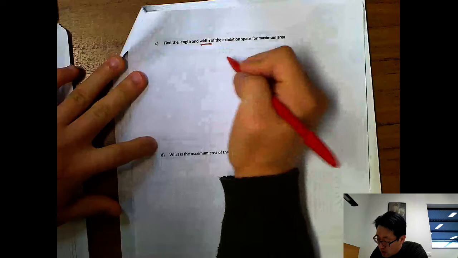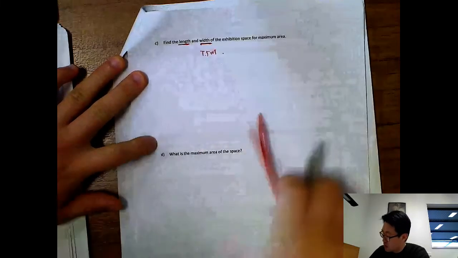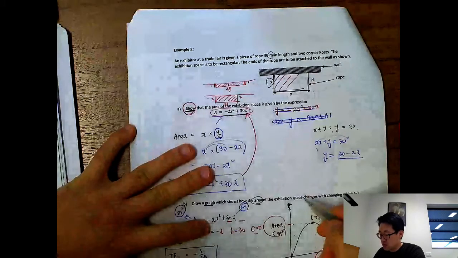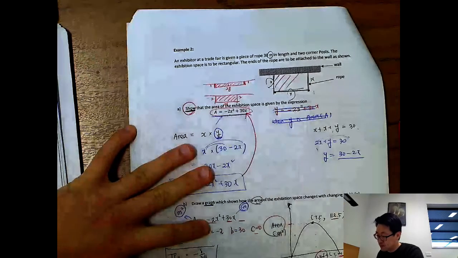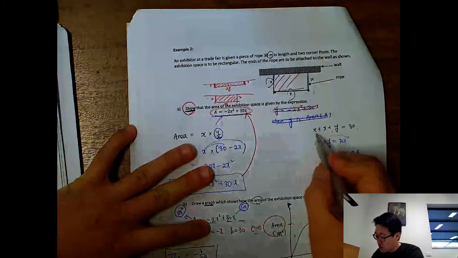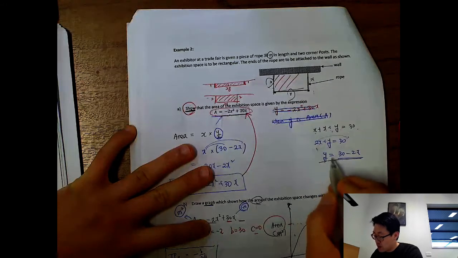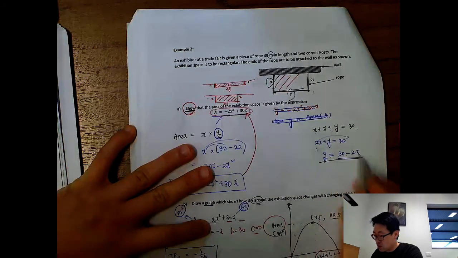Next, find the length and width of the exhibition. Oh, we've done it already, didn't we? We already found the width, which was 7.5 meter. How do you get the length? Width was x, and length was y. And we know x plus y equals 30, so the length equals 30 minus 2 times width.